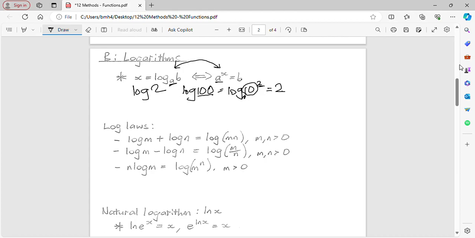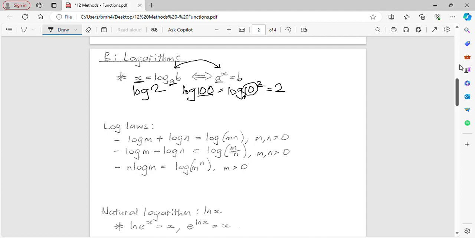And so this is the reverse of what we're doing here. So we're taking a number to a power and getting an answer, and then we want to know what power this number was raised to initially to get that answer over here. And then we're back to what x was originally. So basically just think that they do the reverse of each other. They're inverse functions actually.